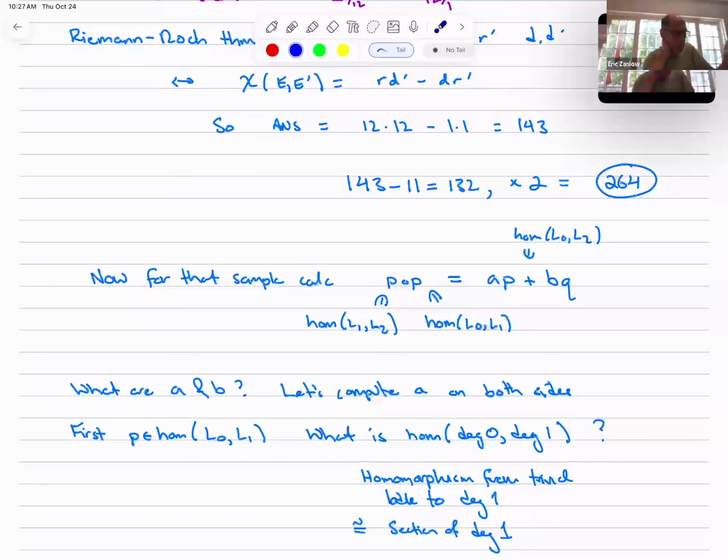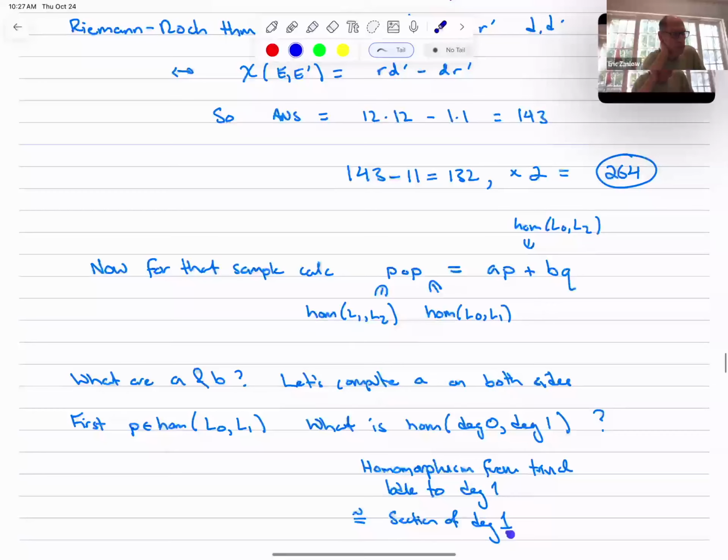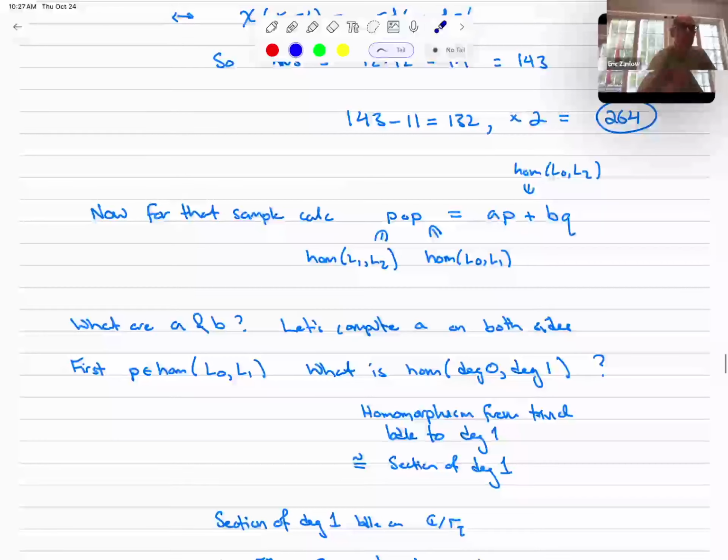But we said that a choice of an element of the bundle at every point is the same as a section. So homomorphisms from the trivial line bundle to some line bundle are just sections. That means it's a choice of an element of the line at every point.